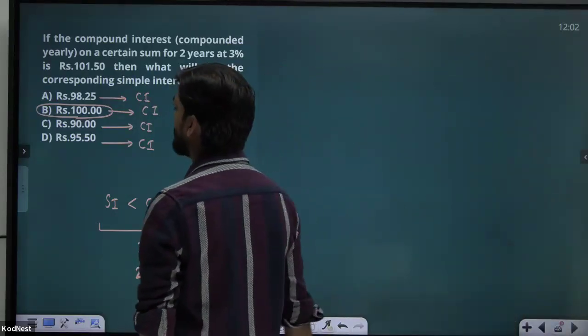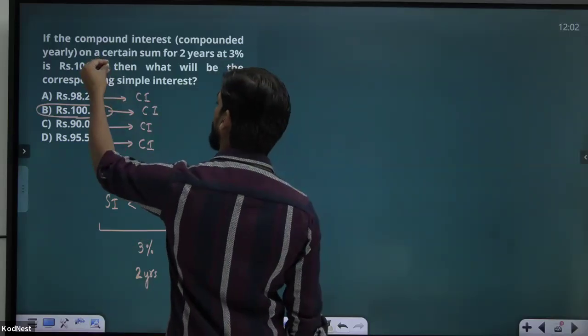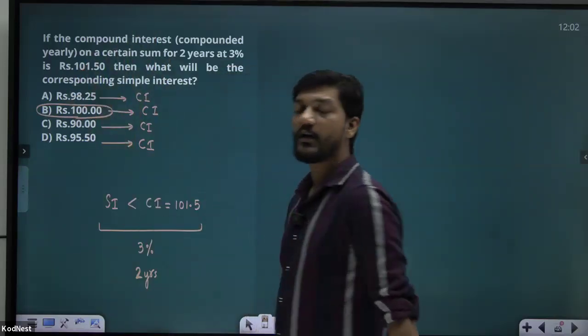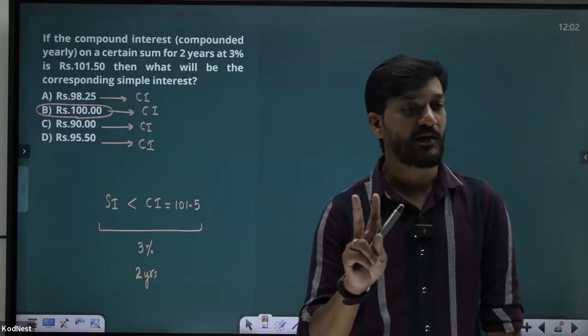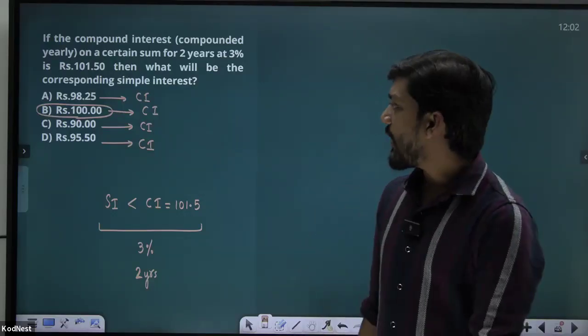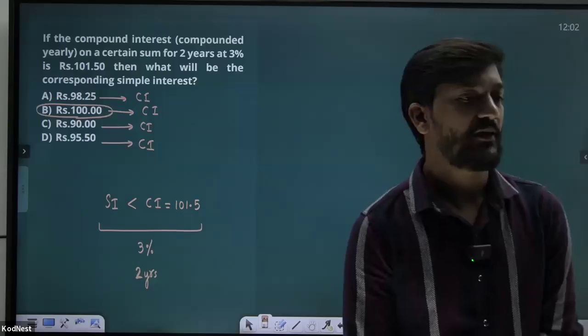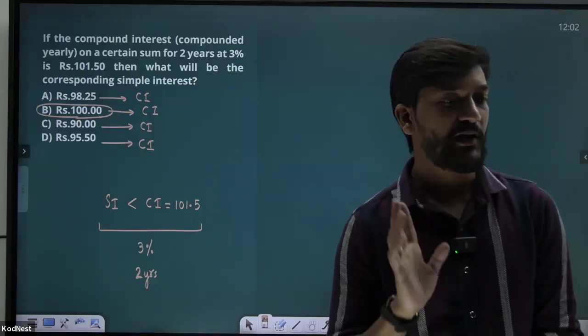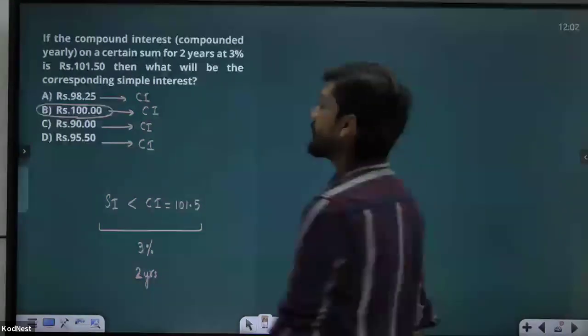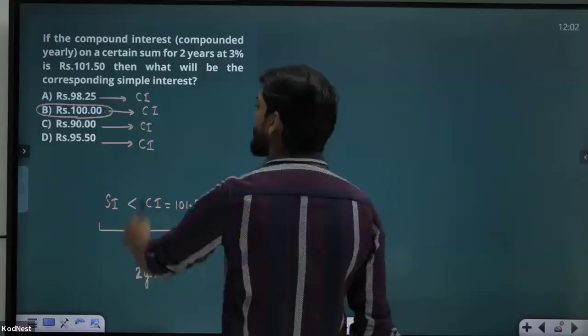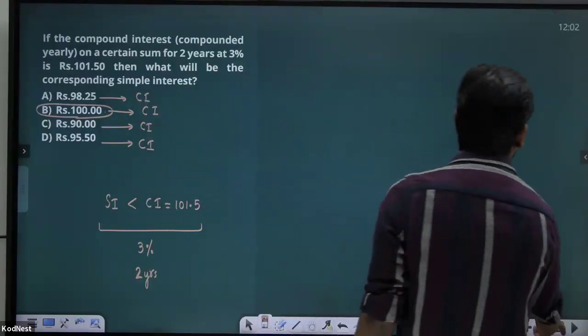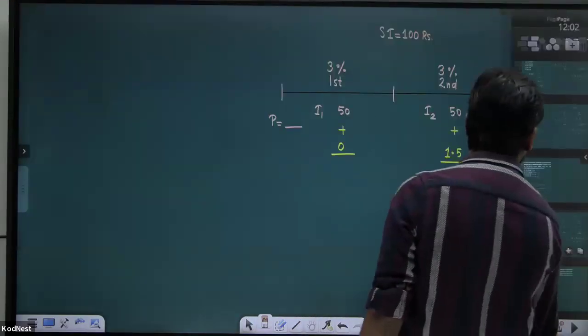So answer carefully. What is the closest value? And not just closest, I will say two aspects: closest value and calculation friendly also. Closest and calculation friendly: 100. So I will take 100 first and calculate this.